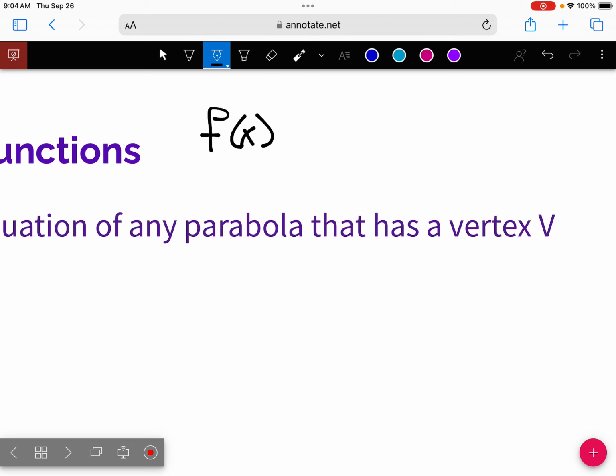That's our f of x equals a(x minus h) squared plus k. So this is that transformation form we've been working with when we were doing our graphing stuff, right? Familiar? This has another name when we're talking parabolas. Anyone remember what it is?